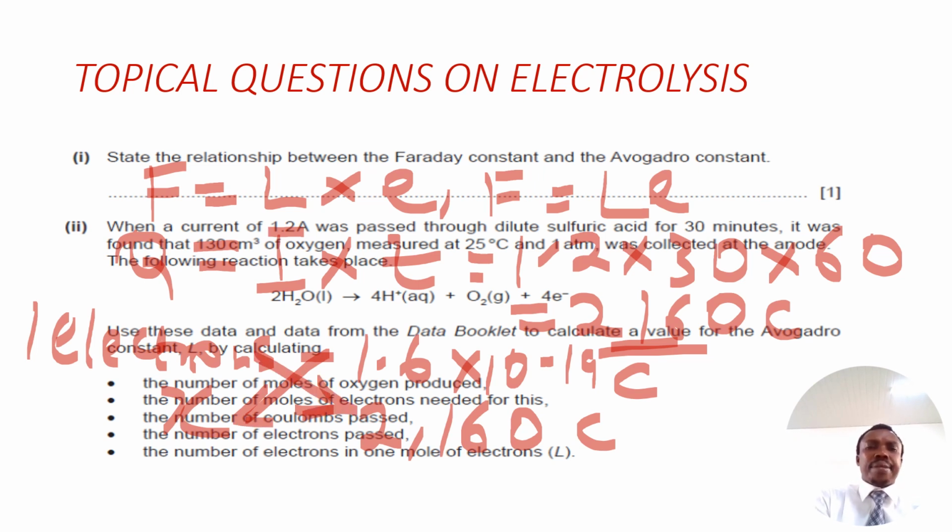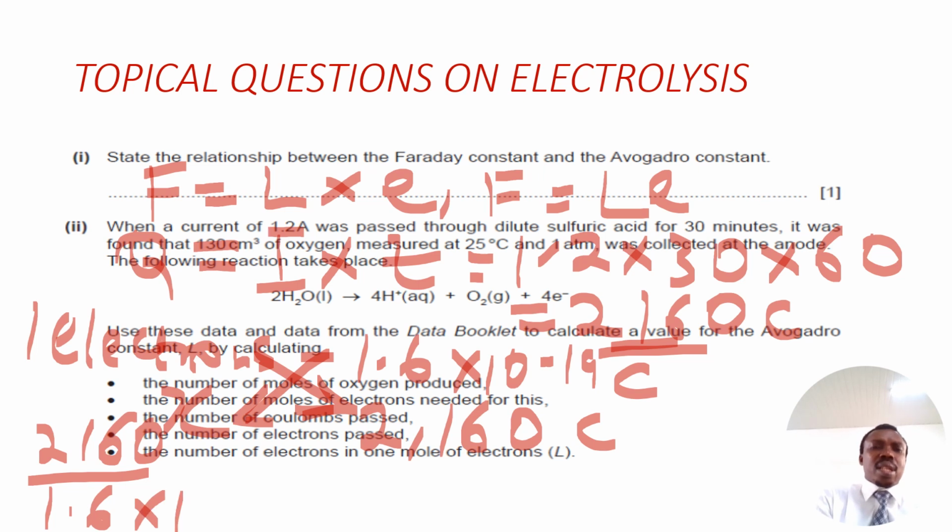You now have 2,160 divided by 1.6 times 10 raised to the power minus 19.